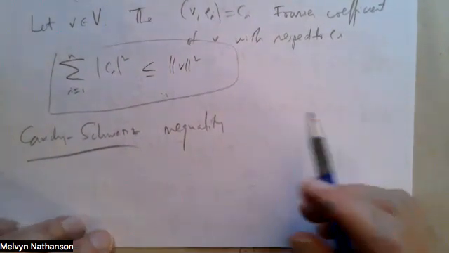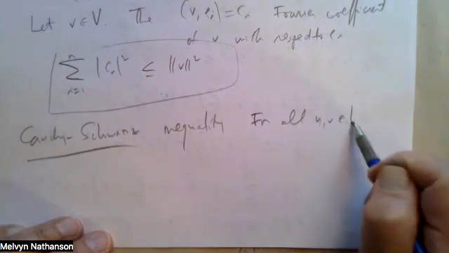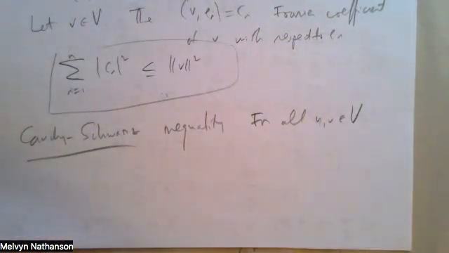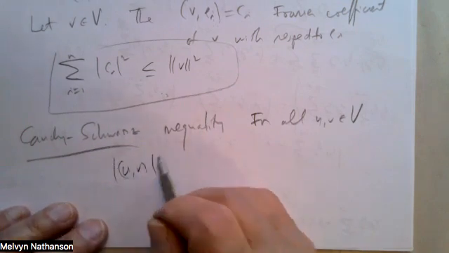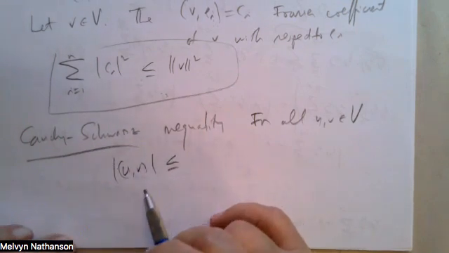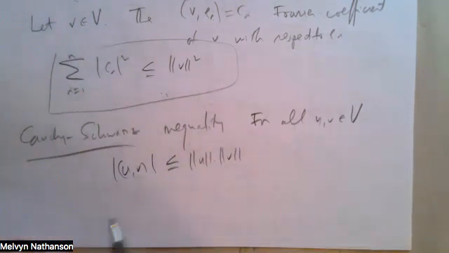It says for any vectors u and v in my inner product space, the inner product of u and v in absolute value is less than or equal to the length of u times the length of v. This is Cauchy-Schwarz.